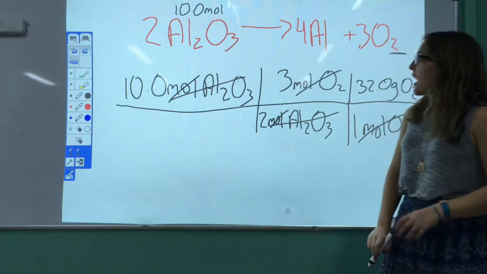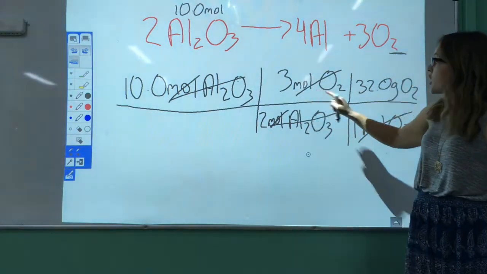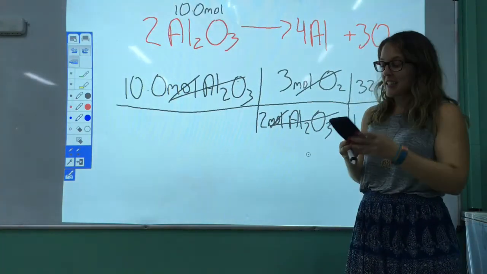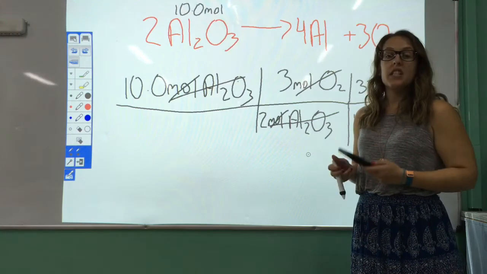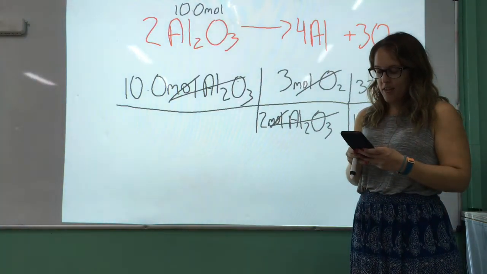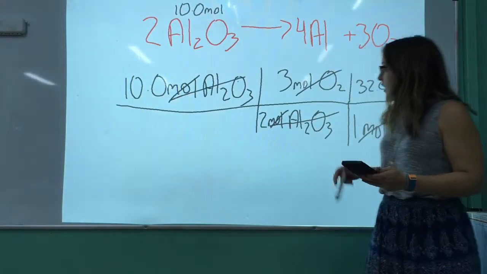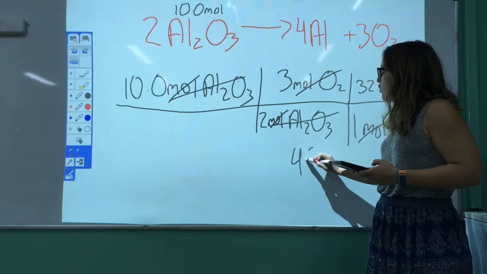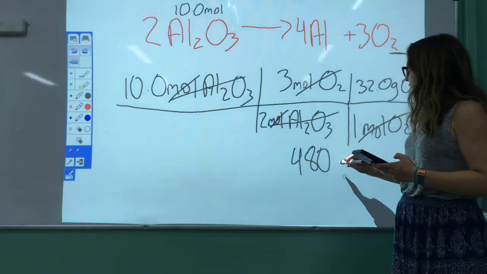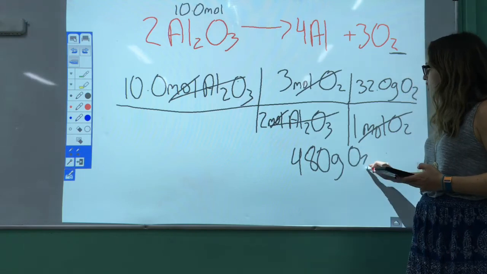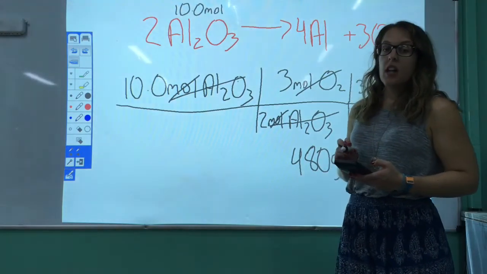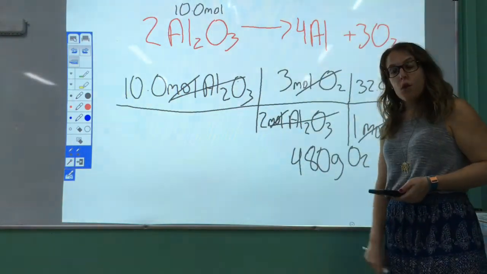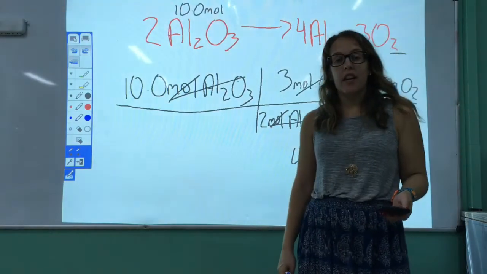Moles of oxygen cancels out, then that gives us 10 times 3, which is 30 times 32. I need a calculator for that. 30 times 32 gives us 960, then divided by 2, which would give us 480 grams of oxygen.